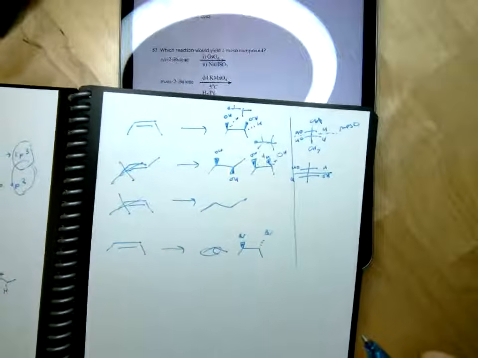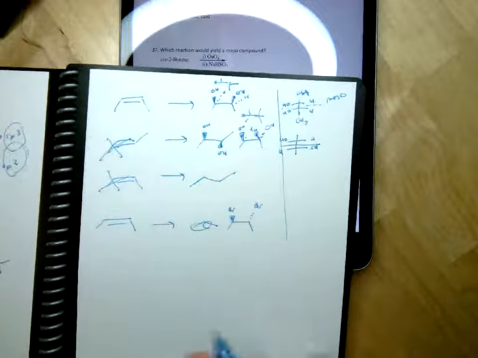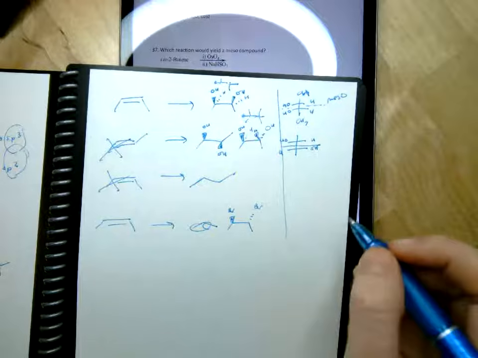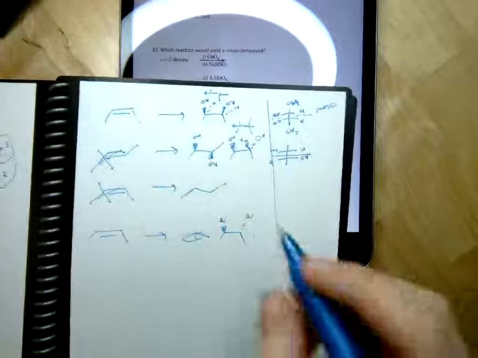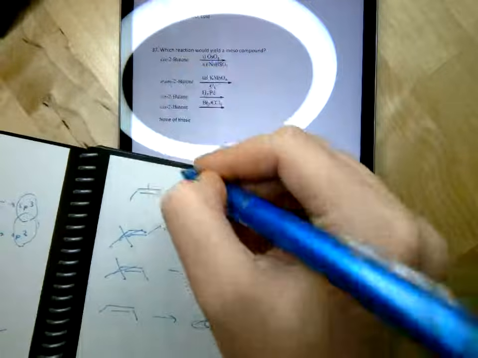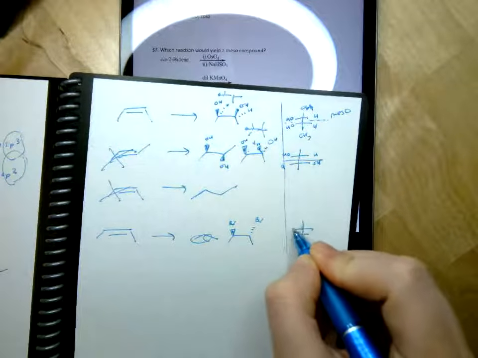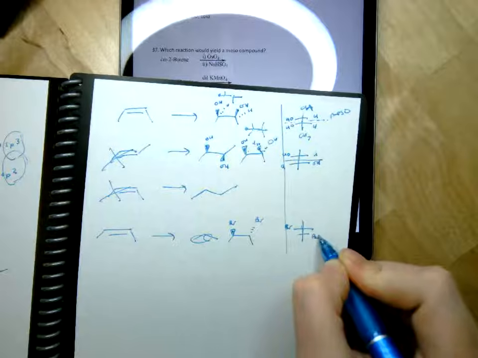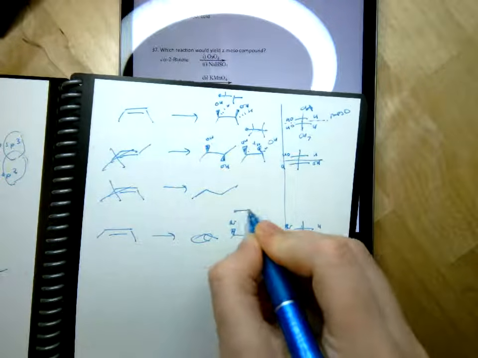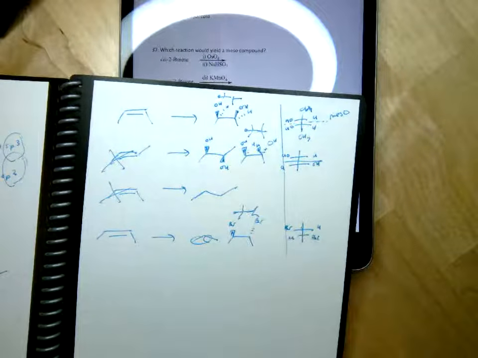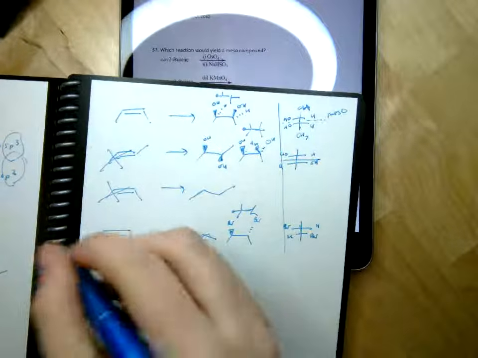So the only other one it could possibly be would be this bottom one. What is this? E? No, D. Oh, I don't have letters on there. My bad. It's already in the Fischer projection form, so that makes my life easy. There's a bromine over here and a bromine over here and 2 hydrogens, if I was looking at it from above. So this is not a meso compound either.